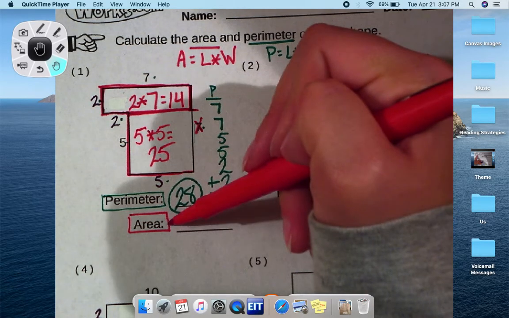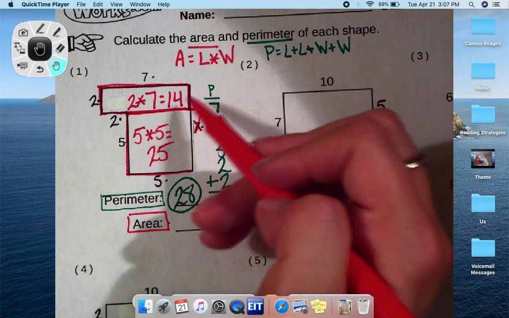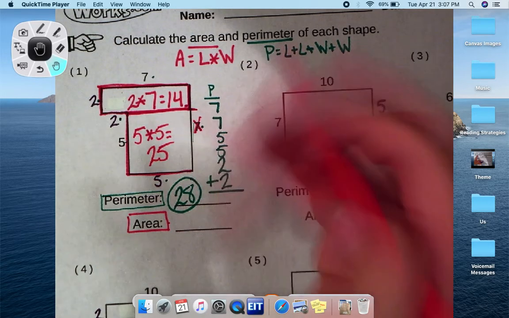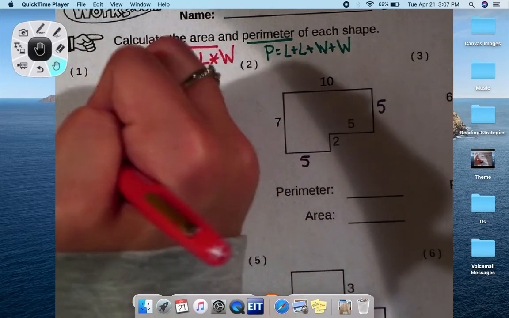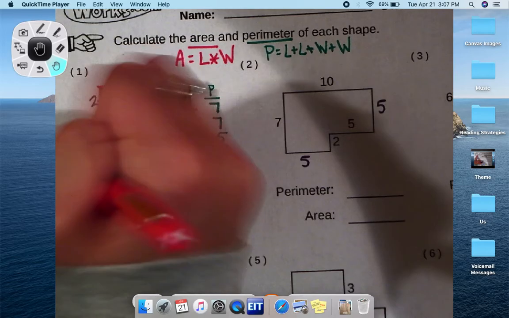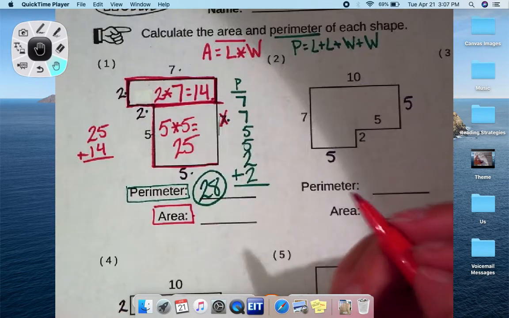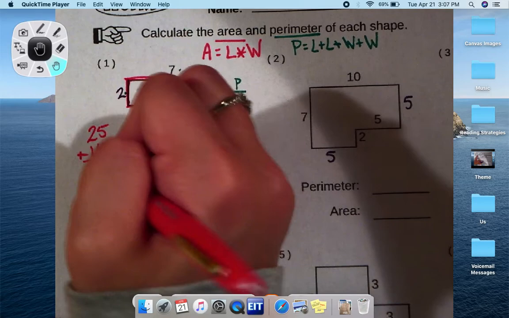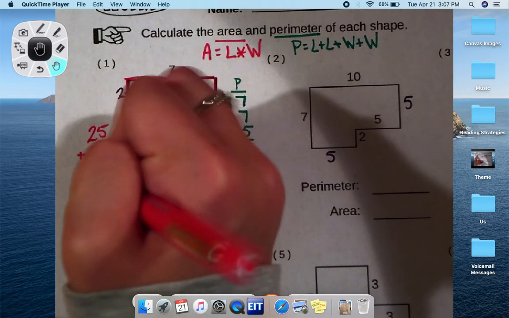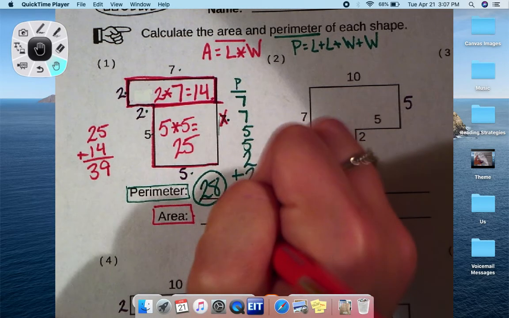To find my total area, I need to take this 14 plus the 25. So 25 plus 14. 5 plus 4 is 9. 2 plus 1 is 3. So I get a total area of 39.